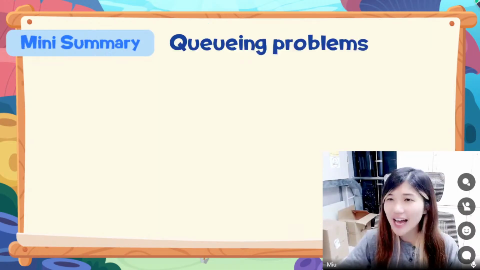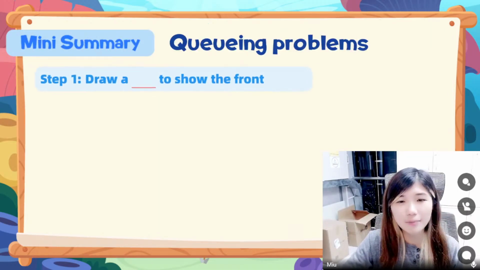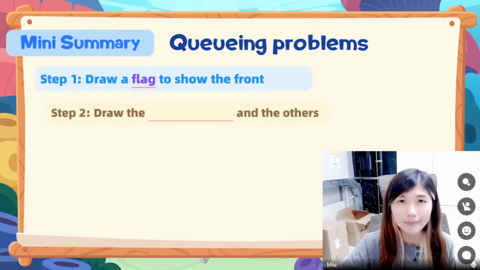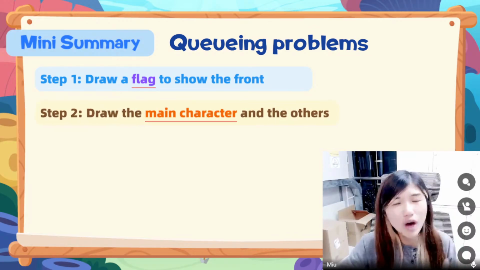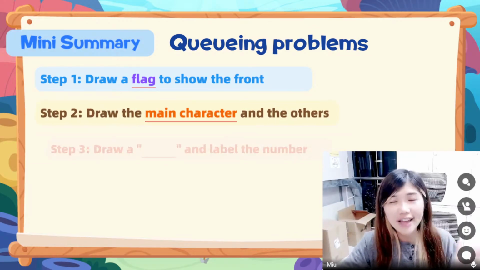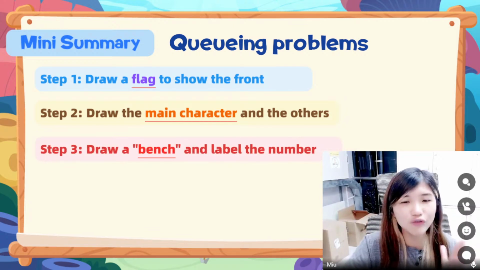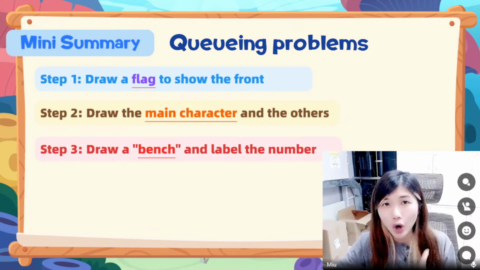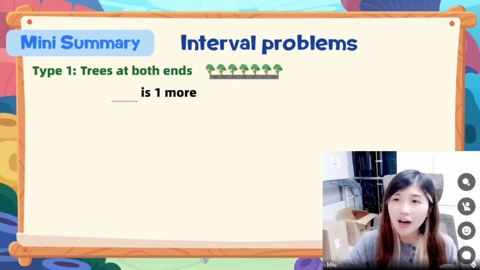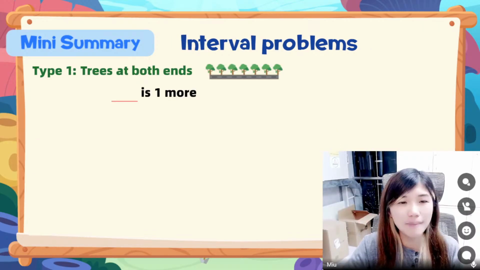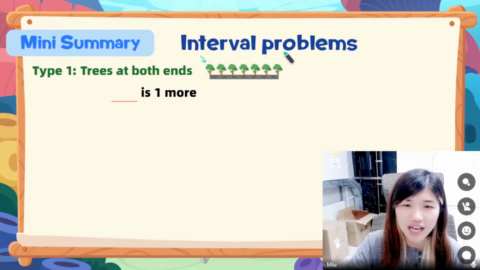Thank you, guys. So for today, we talked about queuing problems, including the drawing method. You draw a flag to show the front, draw the main characters and the others, and then based on the drawing, you find out what you want. Don't forget to take out the overlap. And for the interval problems, remember, if we start with the tree and end with the tree, the trees are always one more.